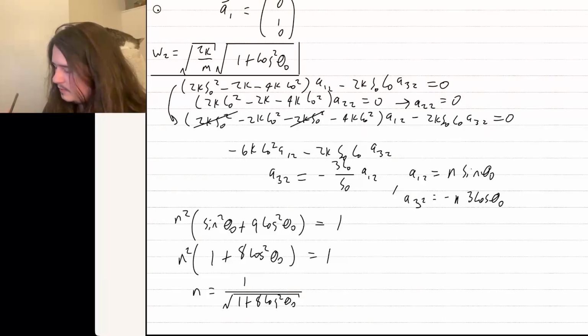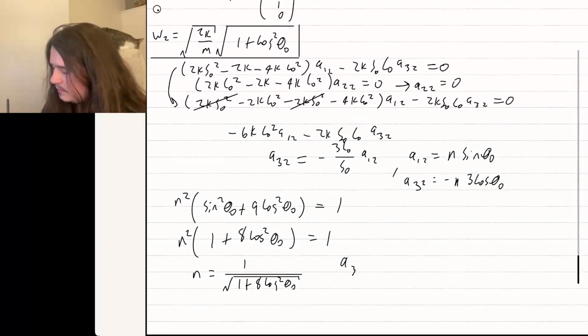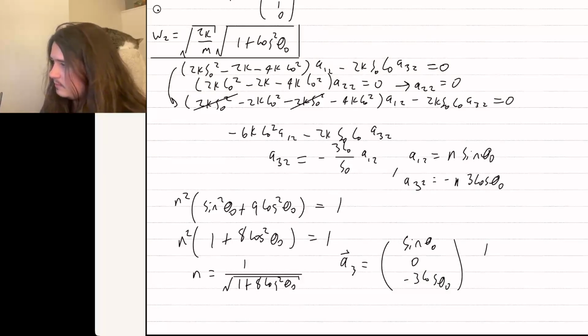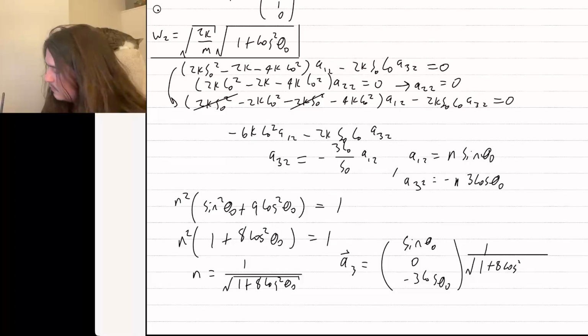So that means that our final eigenvector, a3, is sine theta naught up here, 0 in the middle, minus 3 cosine theta naught down here, and then all times this nasty looking normalization constant. Right. Okay.